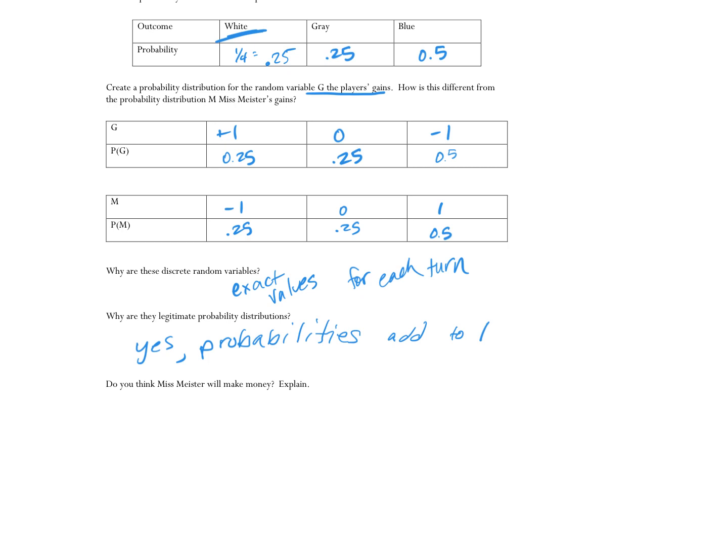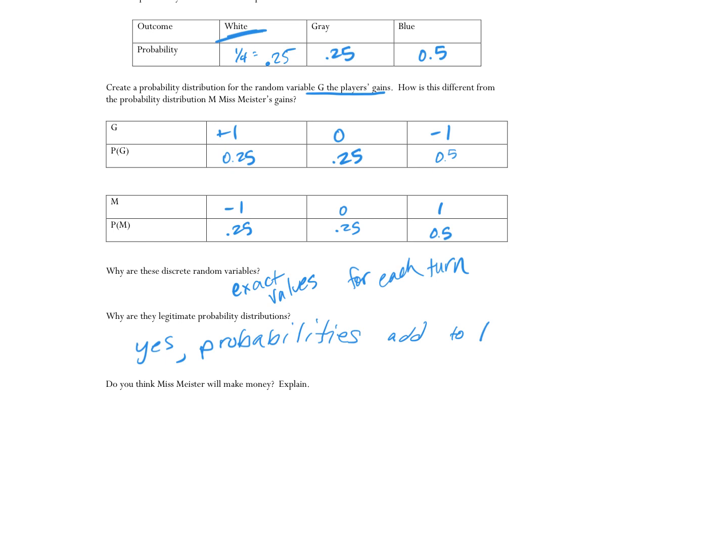Hey, if you could change one payout to make this so that it's fair, what would you do? Like the gray, white, or blue? One numerical value. So in other words, I'm still going to have gain $1, break even, and lose $1.